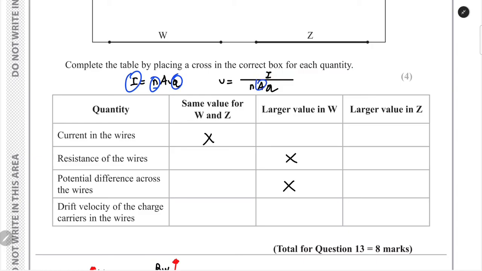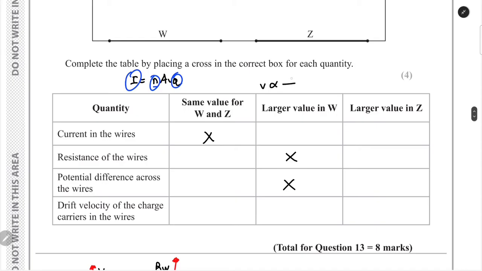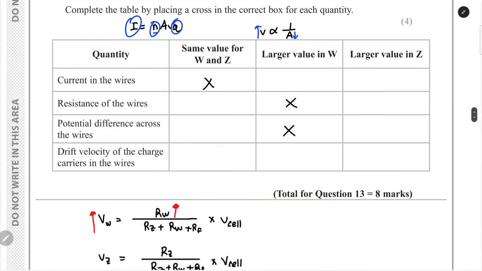Only A is the variable over here, so I can separate that. So V equals I over NQ multiplied by 1 by A. Or we can write that V is proportional to 1 by A. For W, the area is smaller, so the drift velocity is bigger. So the drift velocity will be bigger in W.